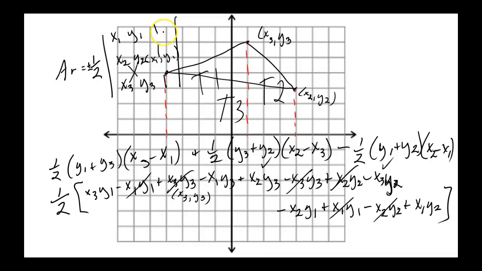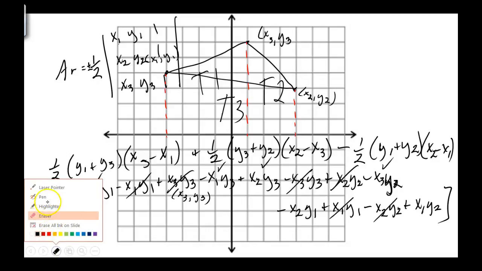Minus, that's a plus position. This is a minus position. Minus x1 y3 plus x3 y1. There's a plus x3 y1 minus x1 y3. I'll clear those off so it'll be easier to see what we're talking about.